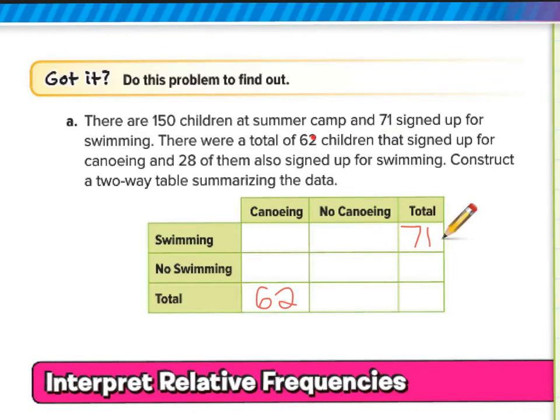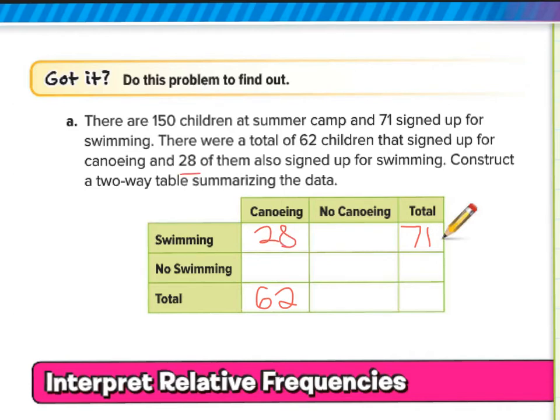And 71 signed up for swimming, which is another total. So far, they've only given me the totals, right? And then they say that 28 of the canoeing children also signed up for swimming. Okay, canoeing and swimming is 28, as you can see, right?